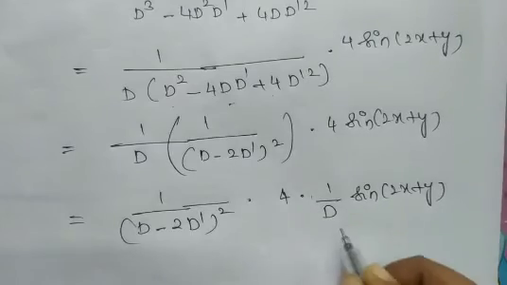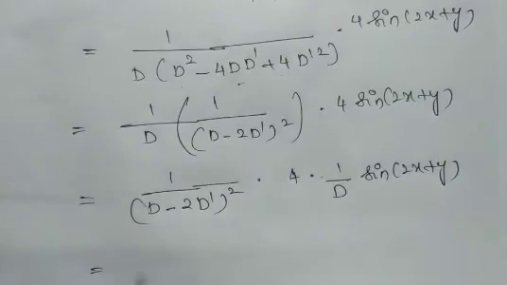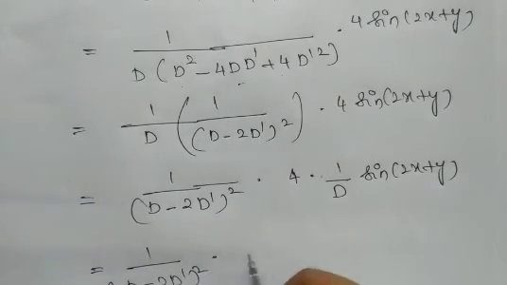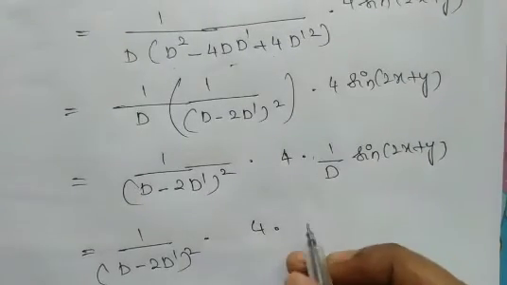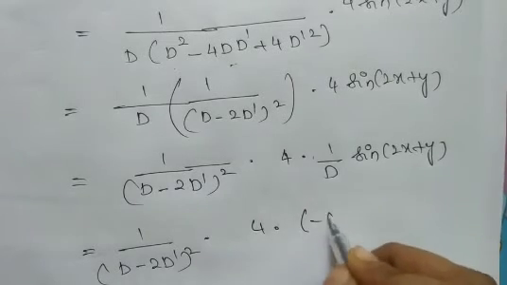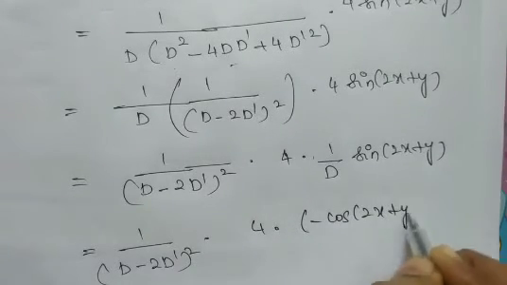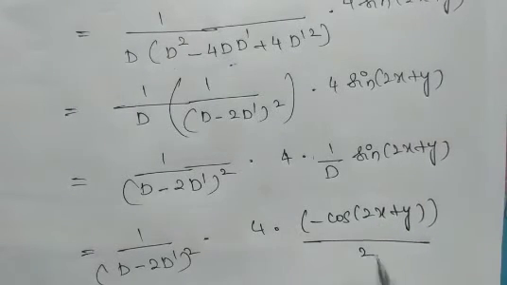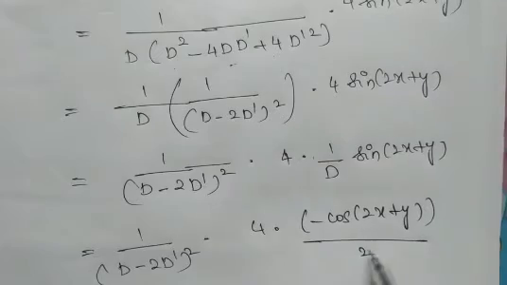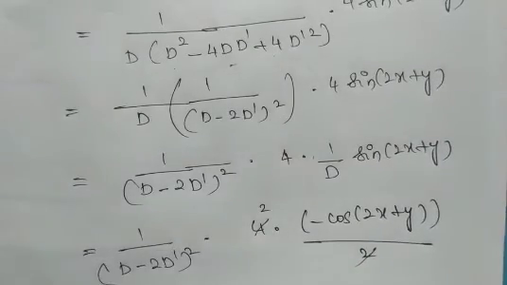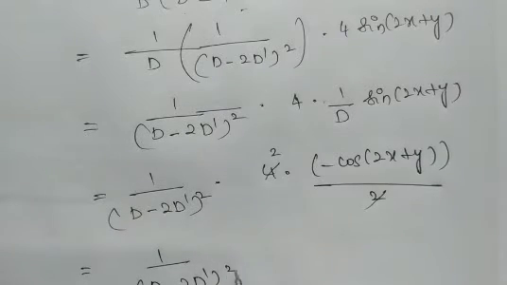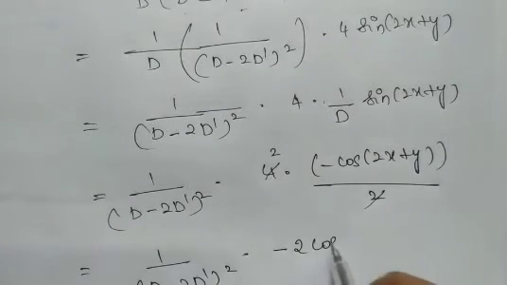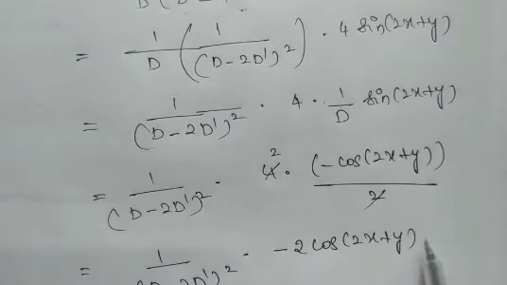So here 1 by D of sine 2x plus y, that is integration of sine 2x plus y. So 4 into integration of sine, that is minus cos 2x plus y by, again differentiation of 2x plus y, that is 2. So here 2 cancel. So 1 by D minus 2D dash whole square into minus of 2 cos 2x plus y.